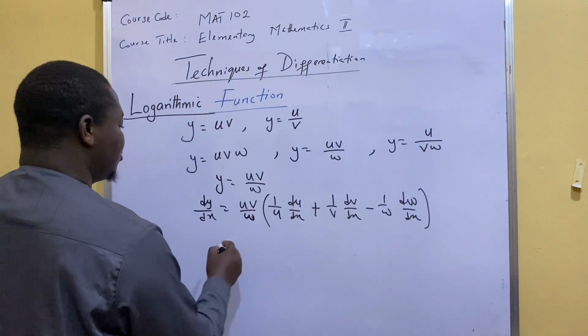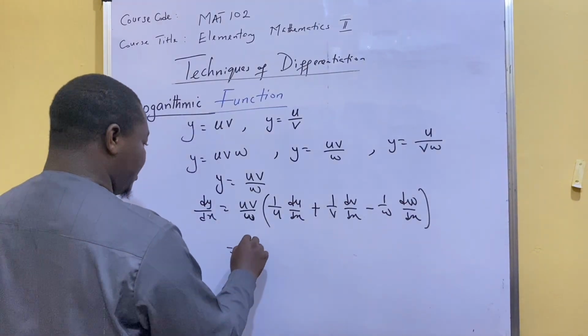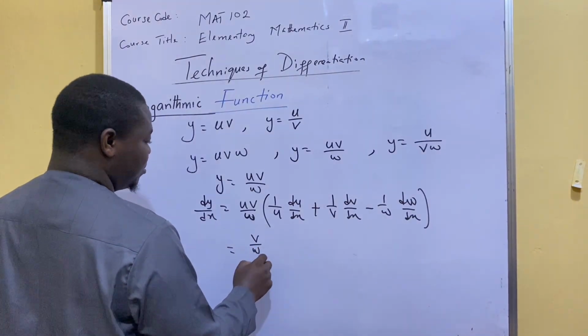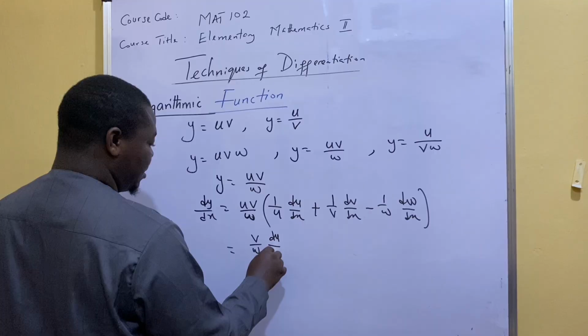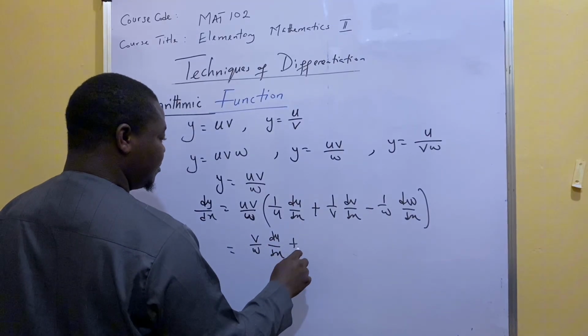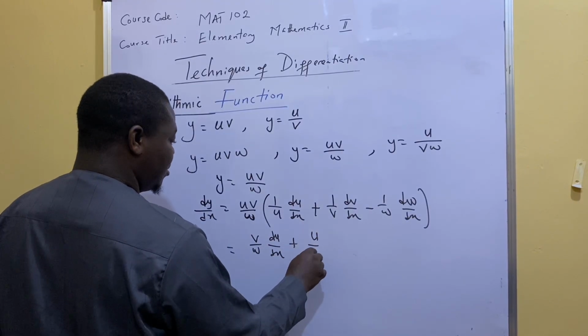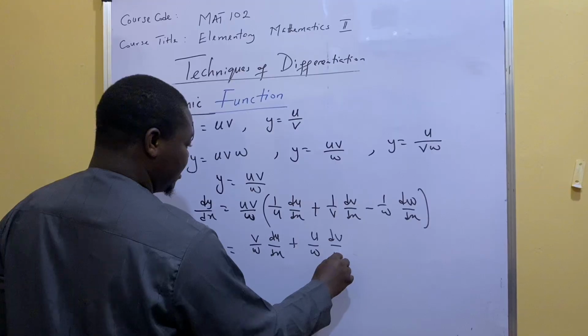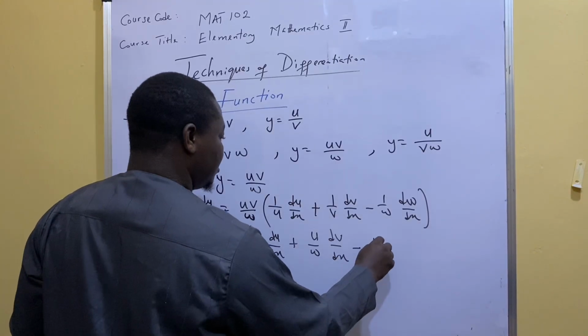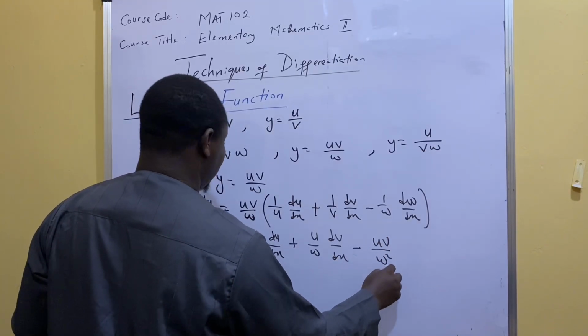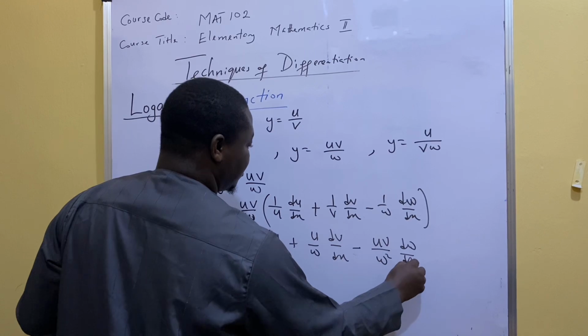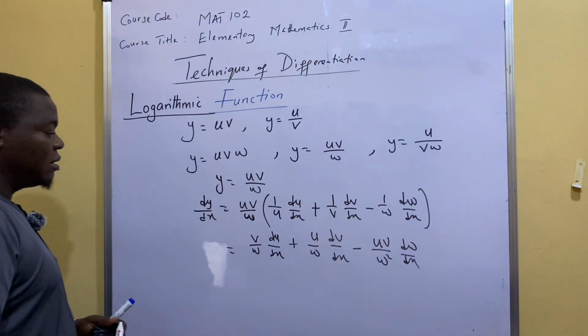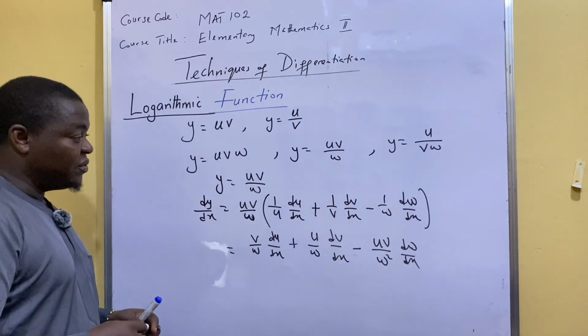By the time we multiply by y, we're going to have v over w du/dx plus u over w dv/dx minus uv over w squared dw/dx. So that's the way to differentiate.